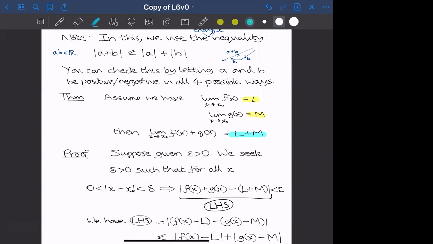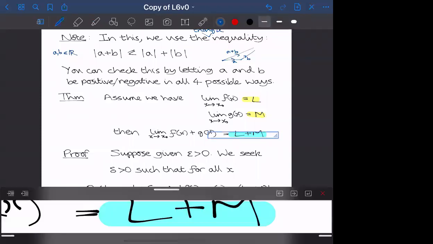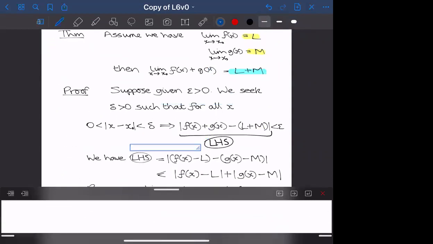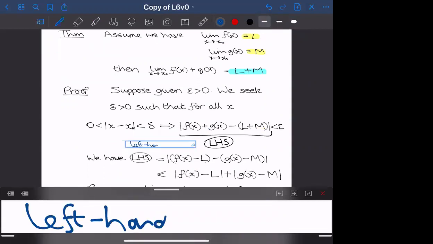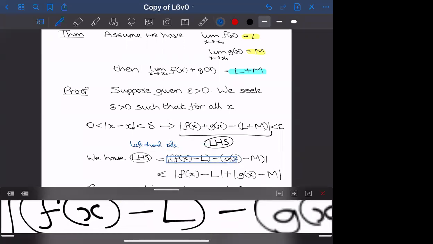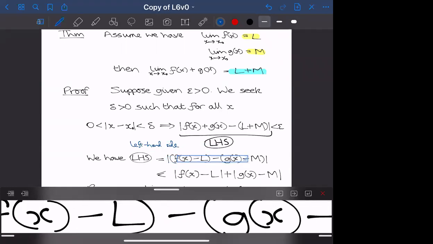So this long inequality, let's look at the LHS, the left-hand side. I want to say something about that, and that will be the secret to our proof. So the left-hand side, if I just rearrange, is equal to this.